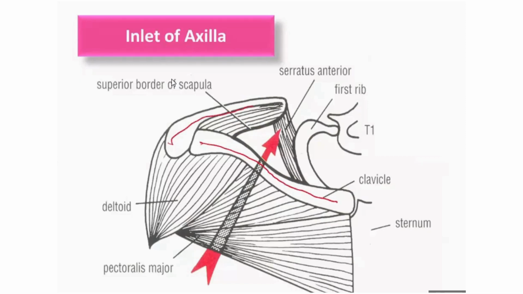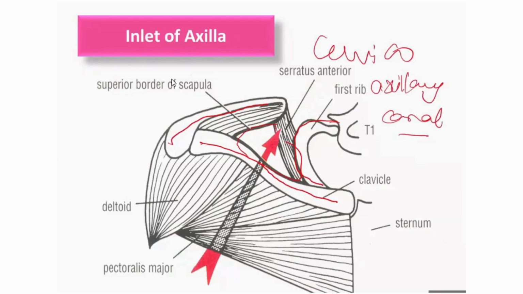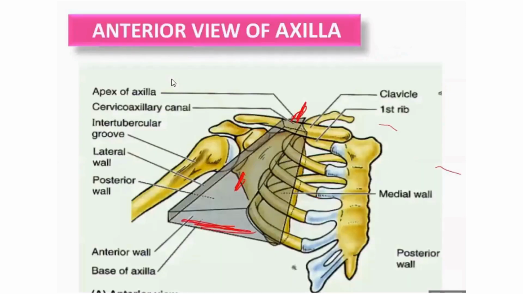This small interval is called the cervico-axillary canal, which transmits the structures from the neck, like the brachial plexus. This area is the inlet. This is the base, the anterior wall, posterior, medial, lateral.